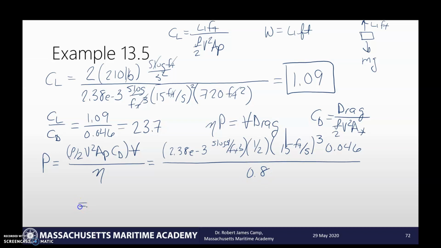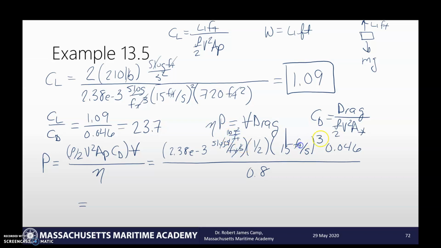And so if I calculate that all together, we're going to need to worry about the units. And so slugs per cubic feet, once again, slugs are a pound-foot per second squared. Actually, that's a mistake there. So we go back here, 1 pound is a slug foot per second squared, so that means a slug would be a pound second squared per foot.